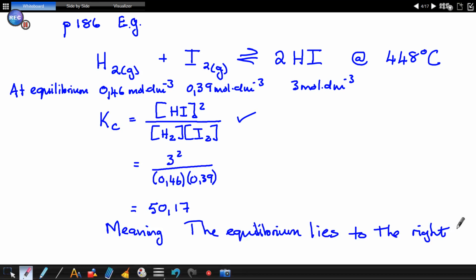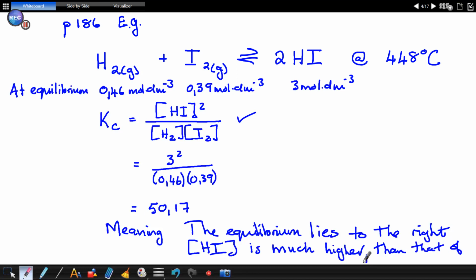How did we come to this conclusion? Because the value of Kc is much bigger than 1. The concentration of the product is much more than that of the reactants.